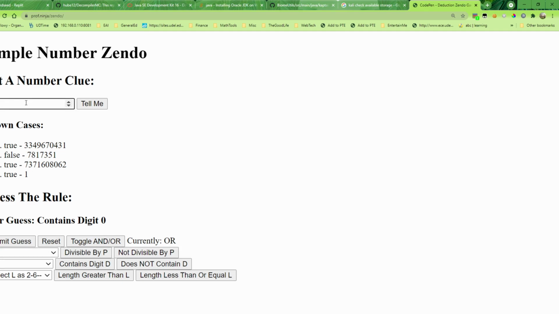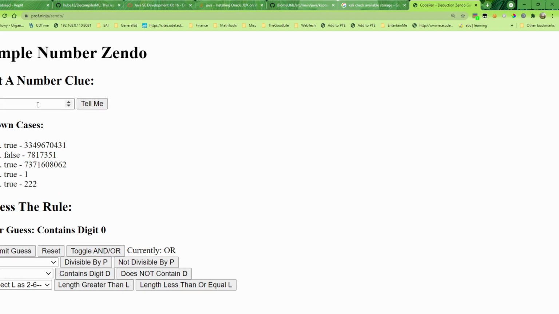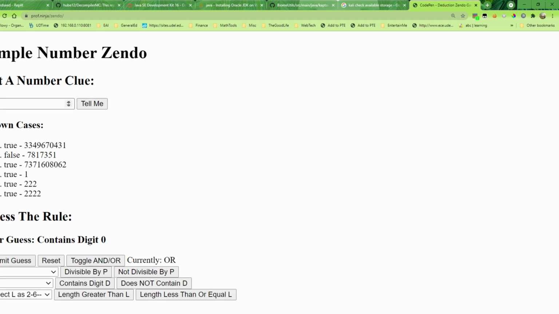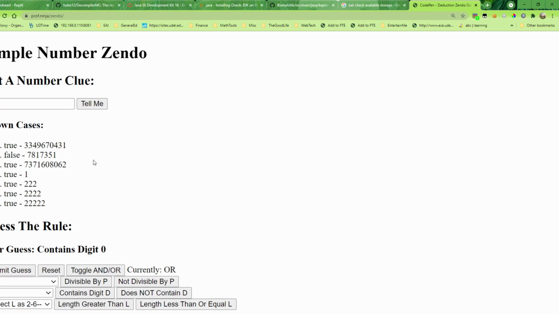Let's try 222. 2222. I'm noticing some commonalities. All right, one of those three is divisible by 3. That's fair. Yeah, divisible by 3 is straight out.